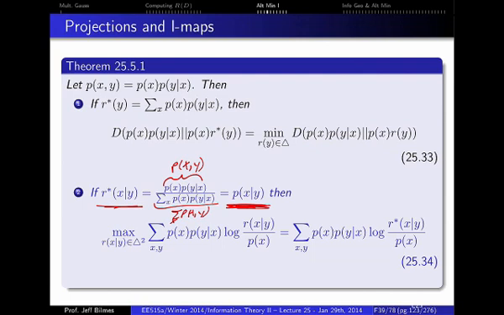problem. So the optimization problem in this particular case is again a very similar optimization problem, but in terms of mutual information rather than Kullback-Leibler divergence.